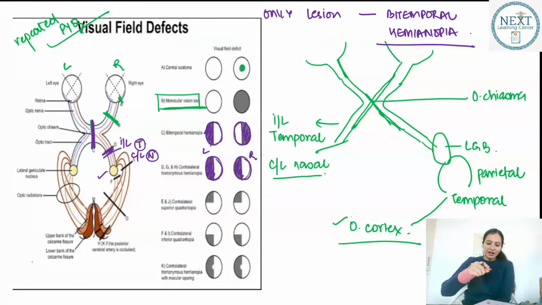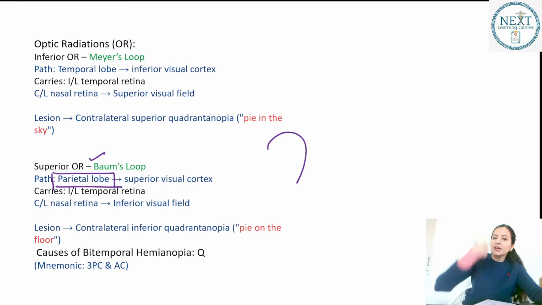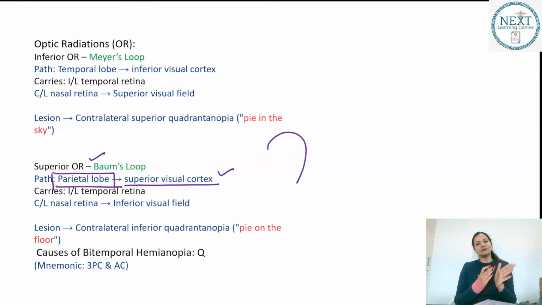Once we move beyond the lateral geniculate body, we have two types of fibers. The fibers that loop around the parietal lobe are known as Baum's loop. Since they go superiorly, they are going to enter the superior visual cortex. Again, it will contain fibers from the ipsilateral temporal and contralateral nasal retina.